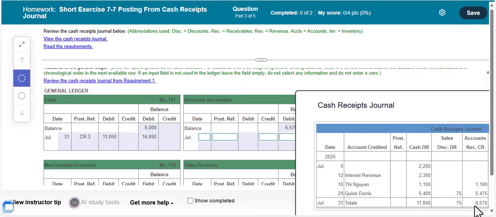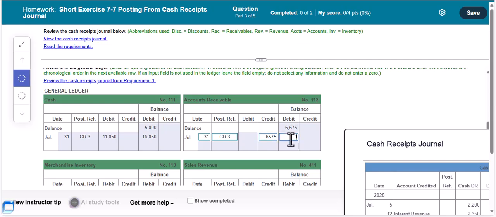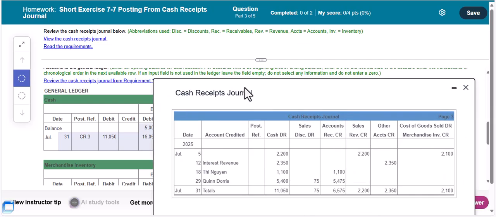So we have accounts receivable. We need to credit here on July 31st. So we'll input that posting reference, and then we are crediting the $65.75. And then that means our balance ends up being 0 there in the accounts receivable.